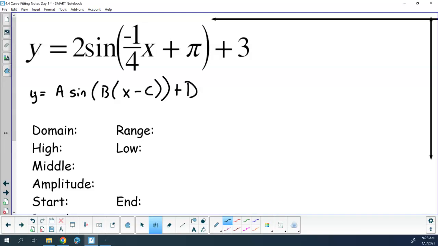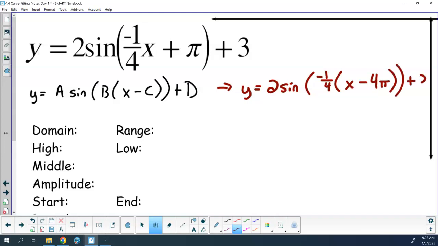So if I do that, it would look like y equals 2 times the sine of, I would factor out a negative 1/4, which would leave me with x minus pi minus 4 pi, then plus 3.